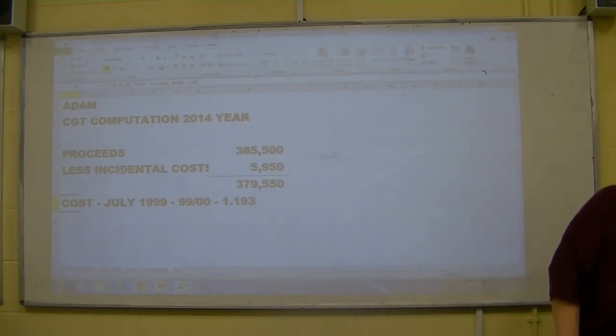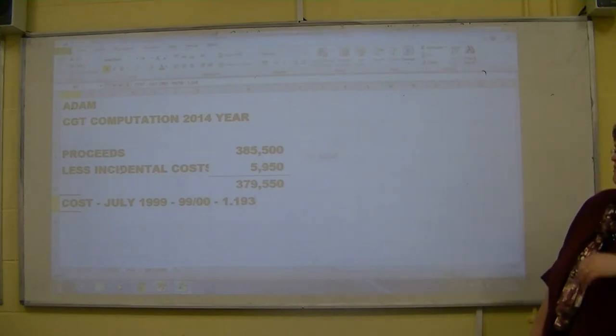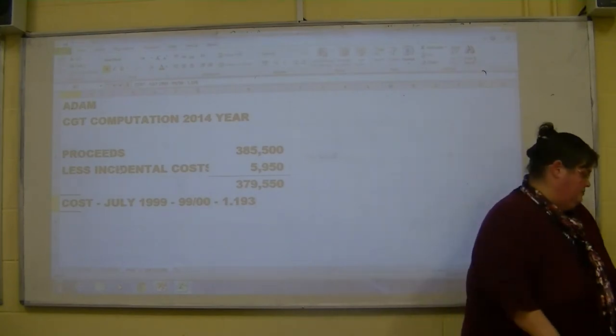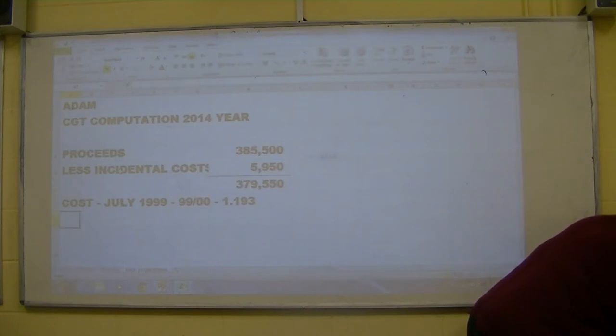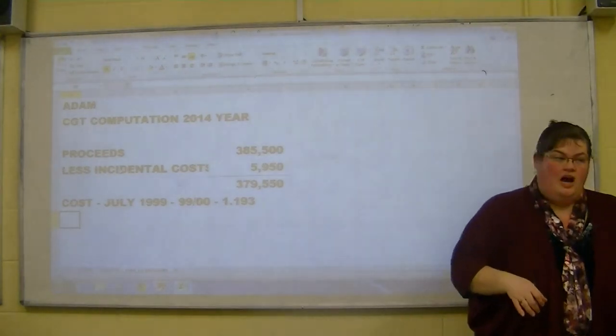So it's between the 5th of April 99 and the 5th of April 2000, and across the last one, 1.193. It's usually good just to work out your indexation factor, Joe, before you actually start doing the costs.